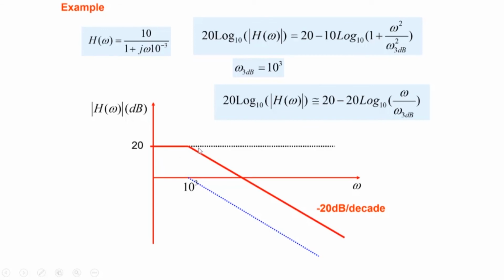At this particular point, we have just connected it in a very simple manner. It's a little bit more complicated here, right? There's a curve here. But the simplified plot gives us a lot of insight. It tells us that the breakpoint is 10 to the power 3, and that the signal is attenuating at 20 dBs per decade. Below that, the circuit is transparent.